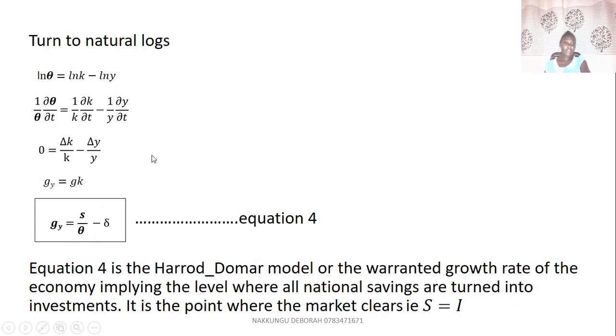So it means that for any country, because we are seeing a positive, direct relationship between the savings rate and the growth rate of output, for any country to have an increasing growth rate, their savings rate must be increasing. So as a country progresses in terms of savings, this country will be growing.